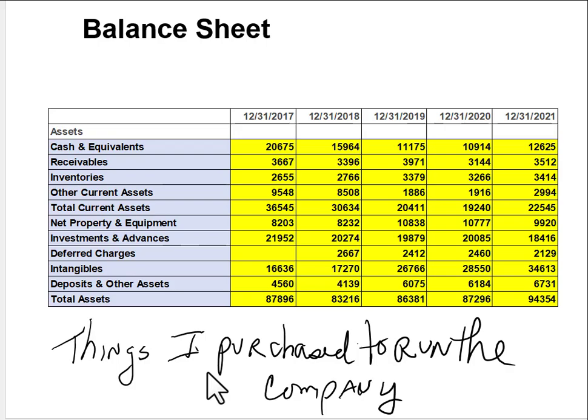These are just all the things that I've acquired for us to do our job and do the business. Some of them are short term, some of them are long term. Some of them you can see, like plant and equipment. Some of it you can't see, intangibles. There are things like trademarks, brands, goodwill, right? But these are all the things that I've purchased to run the company.